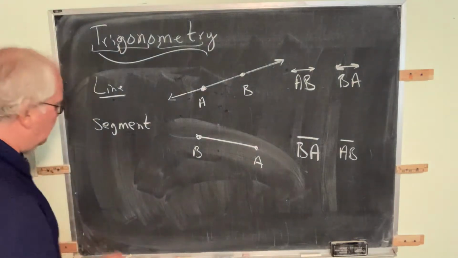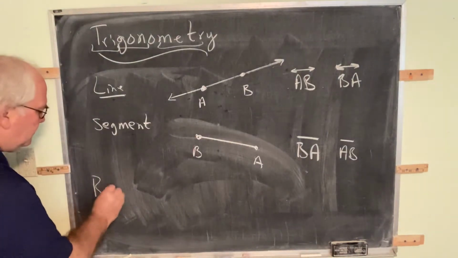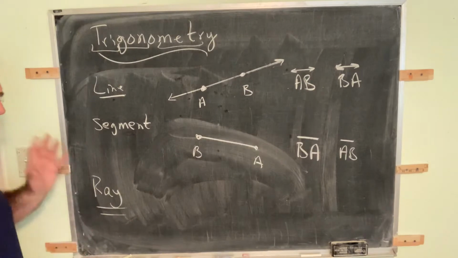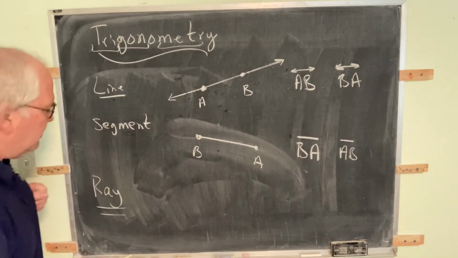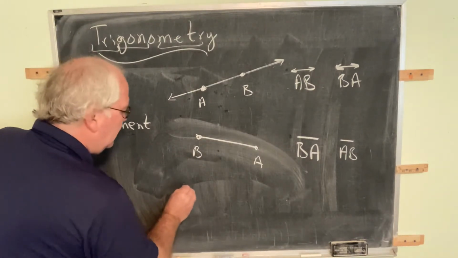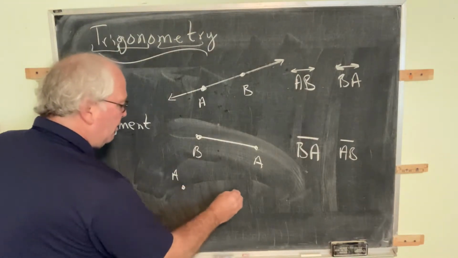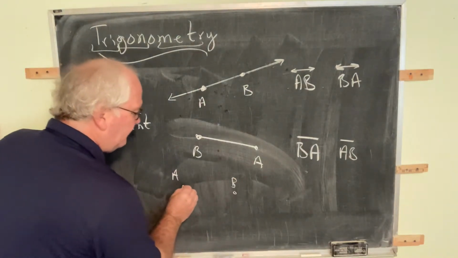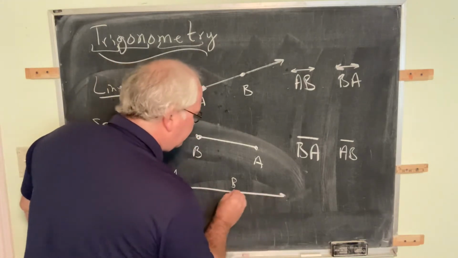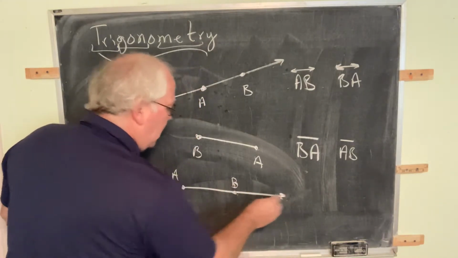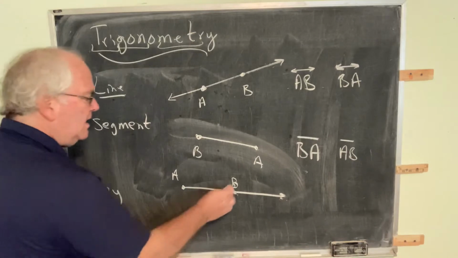But then we have the notion of a ray. And a ray, there's a little bit more going on here. A ray, if we take one point, let's call this one A, and another point B, and extend from A through B, but continuing on only on one side.